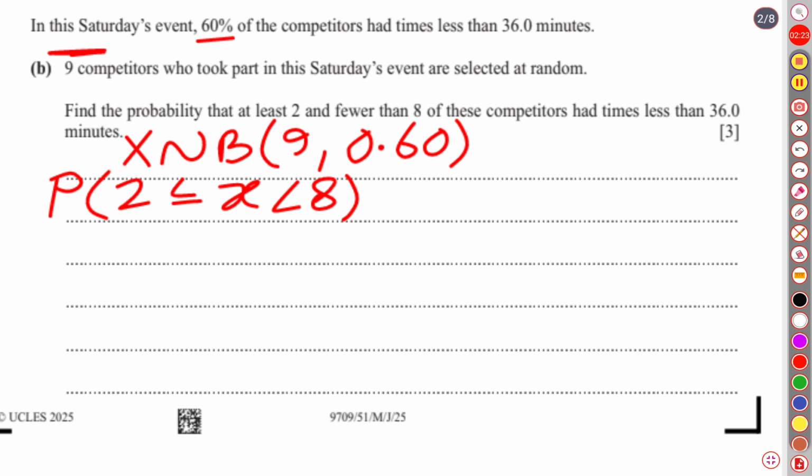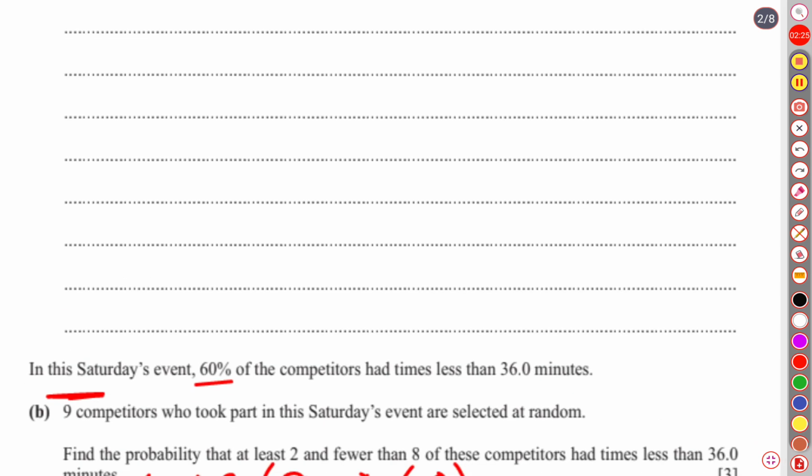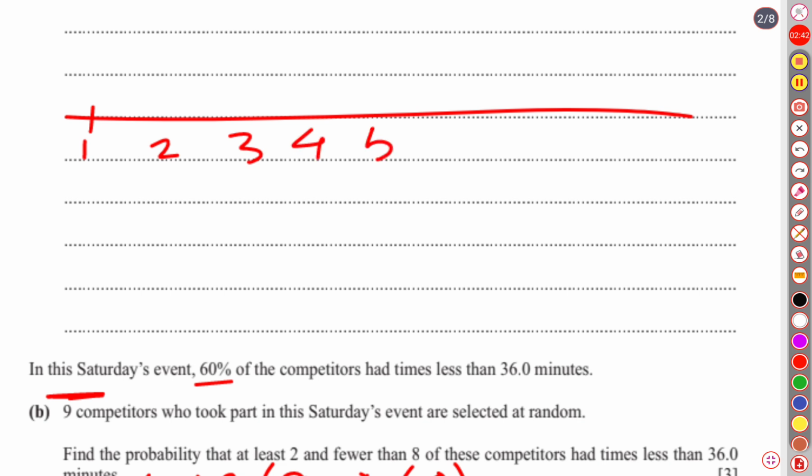Let me show you. There are a total of 9 people. So let us write 1 2 3 4 5 6 7 8 as well as 9 competitors.